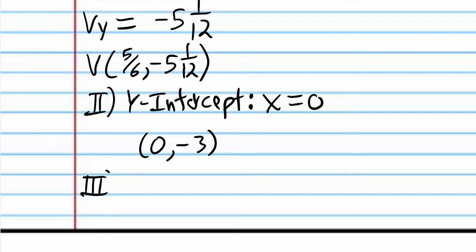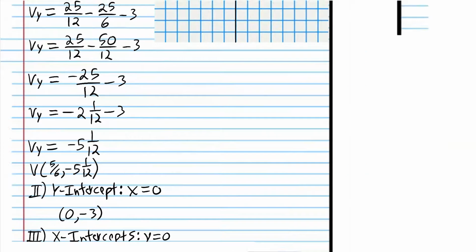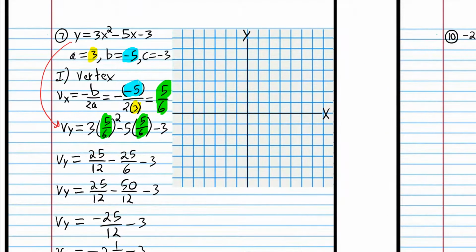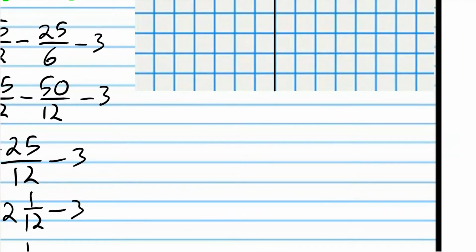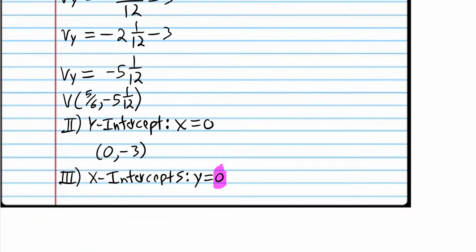And step 3, we're going to find the x-intercepts. To do that, of course, we let y equal 0. So we go up into the original equation and let y equal 0. Just to be clear, that 0 came from there.